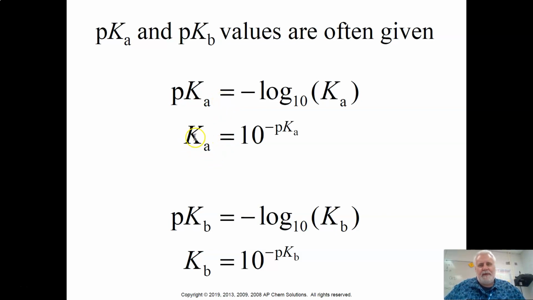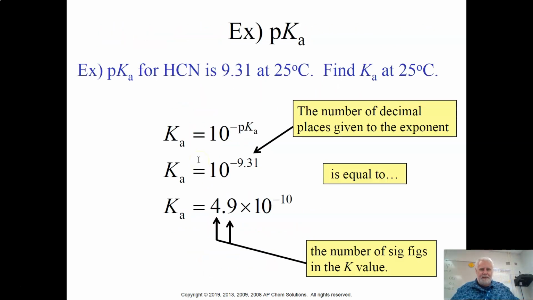If you know the pKa and you want to find out what the Ka is, just take 10 raised to the negative pKa, just like we did 10 raised to the negative pH. You can see why introducing with simpler hydrogen and hydroxide ions was really important, because now we're going to get a little bit more complex and deal with these equilibrium constants and still taking the negative log of these values. So we can work the problems in a very, very similar manner.